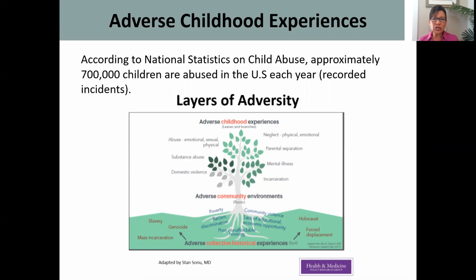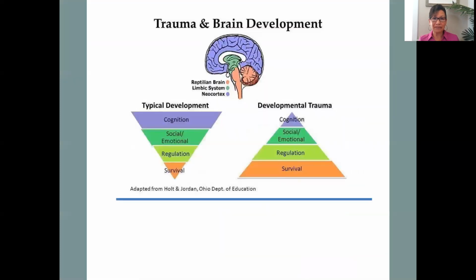It also extends to community environments and the impact of trauma on children based on their communities. So this could be poverty, racism, discrimination, community violence, lack of resources, or even homelessness or unaffordable housing. It can even go deeper into collective or historical traumatic experiences: genocide, slavery, mass incarceration, the Holocaust, or forced displacement.